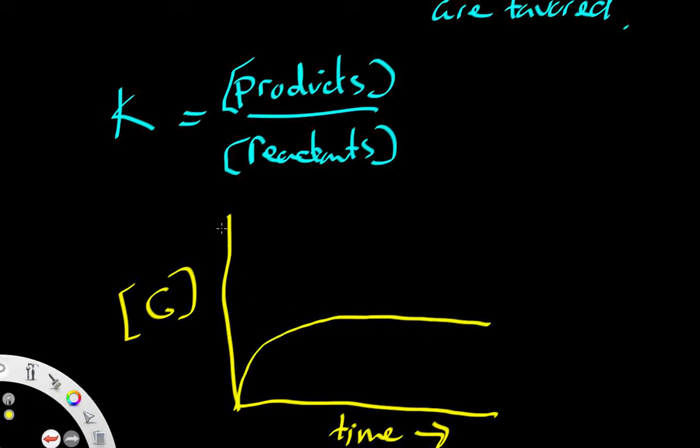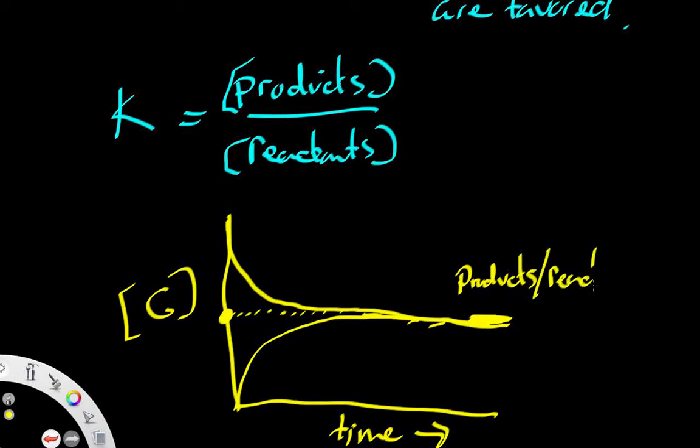So now, when I'm drawing my lines, you can see that if we trace this back, products and reactants are going to be exactly the same. And this right here, by the way, is supposed to represent my products and reactants. And so that's how we were able to get a value of 1.